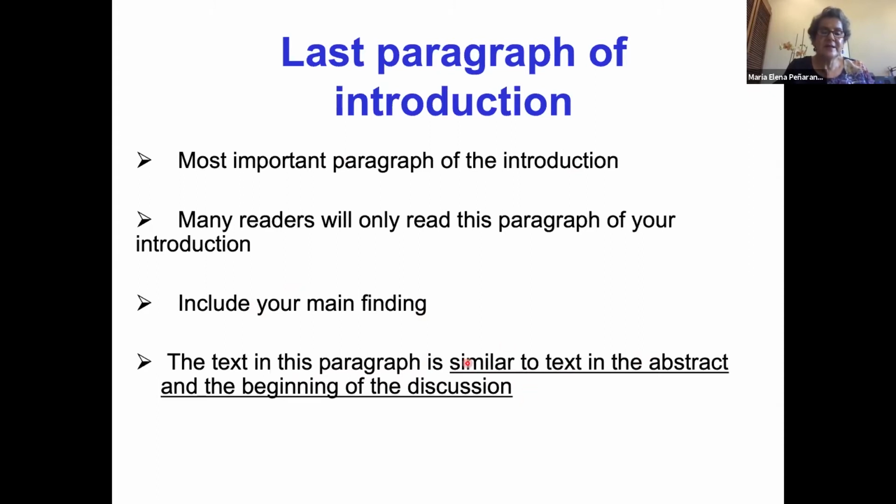So as we said, the main finding is expressed in several places: at the end of the introduction, at the beginning of the discussion, and you can repeat all this in the abstract. Those are the important, powerful positions to tell people what you did, what approach you used, and what you obtained.